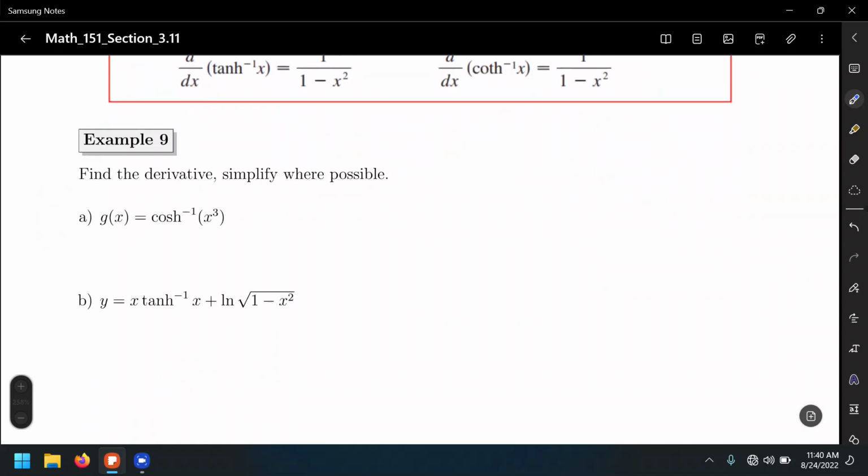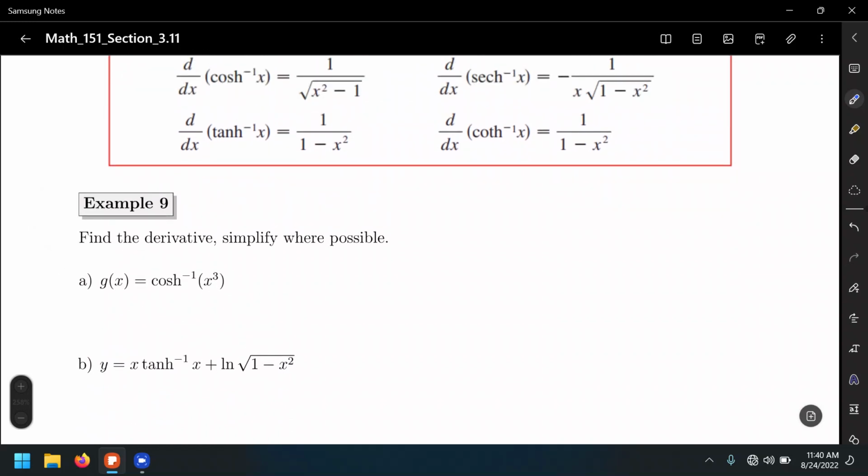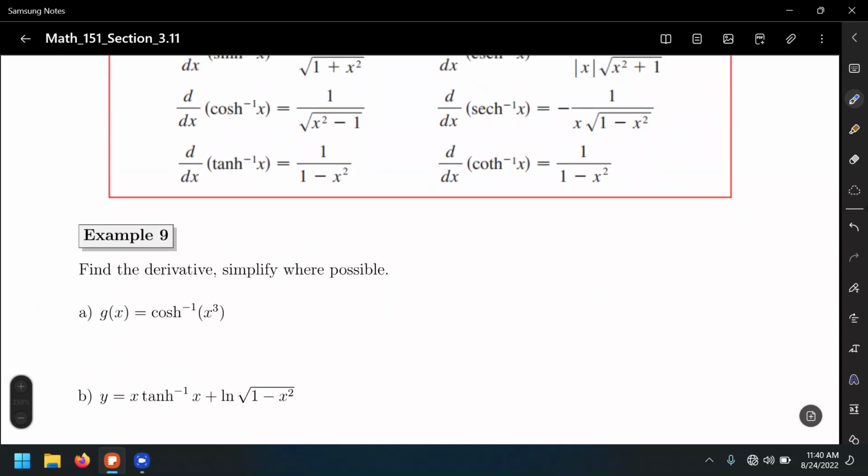So let's just use this new formula. How about we differentiate cosh inverse of x cubed? Well, in this case, let's use this formula. That's g prime of x, not g of x, careful. That's the square root of, well, the derivative of cosh inverse is given only for x, but because we have a composite function, we should replace the x with what we have as a composite part.